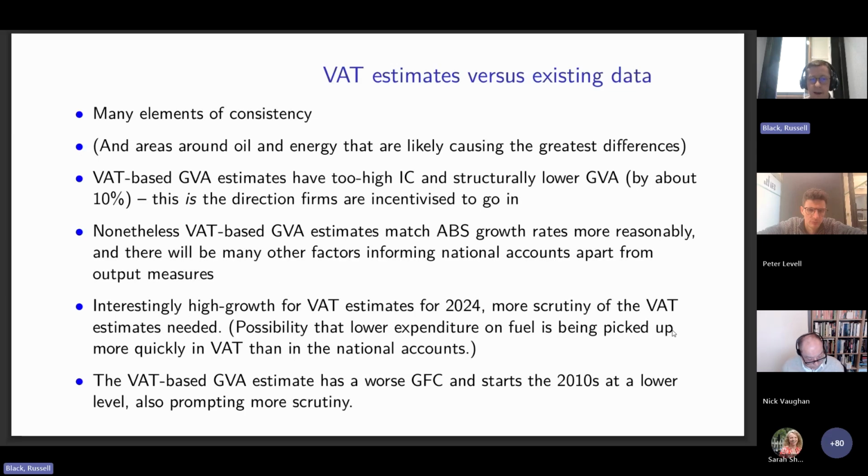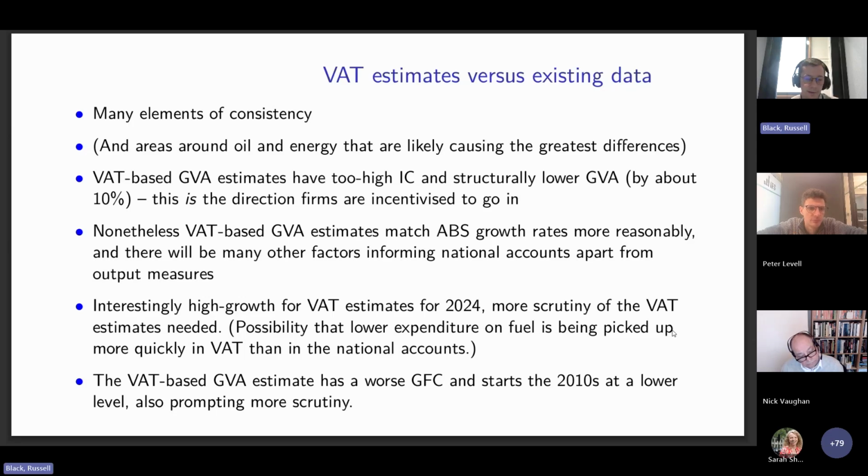So there are many elements of consistency, but also particular years could take more investigation of why the data is behaving in slightly different ways. Overall, the takeaway is similar levels of growth over time.